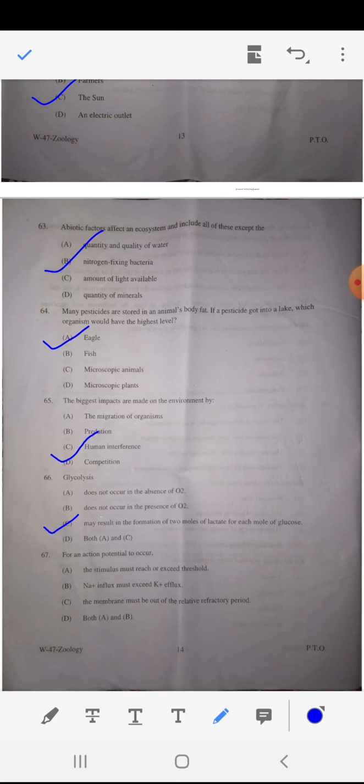This fermentation occurs in the absence of oxygen and forms 2 moles of lactate or lactic acid from 1 mole of glucose. Then question number 67: for an action potential to occur, the correct answer is option D, both A and B. A is the stimulus must reach or exceed threshold, and option B is Na+ influx must exceed K+ efflux, because in an action potential the inside of the membrane has more positive charge compared to the outside.